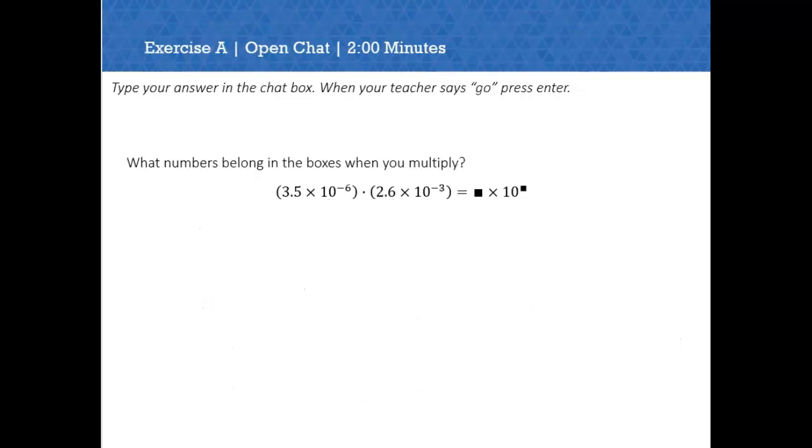So now we're going to talk about multiplying. So this time we see we don't have exponents that are the same, but that's okay. When we multiply, we add the exponents. We still multiply the numbers, but we add the exponents.